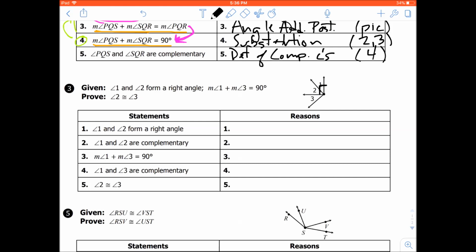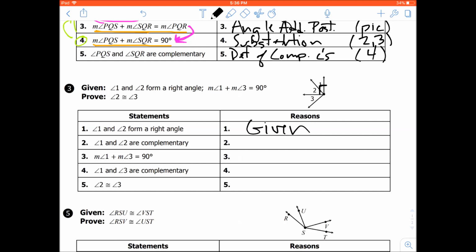Now, how do I know 1 and 2 are complementary? This is where it's going to be good to have your chart in front of you, because on your chart, you might be tempted to say, oh, it's right angle, so maybe it's just definition of right angle. But the definition of right angle is that a right angle is 90 degrees. And here we went from what?